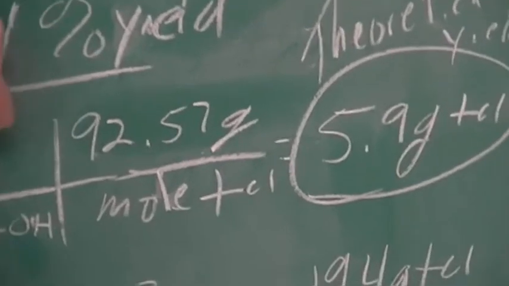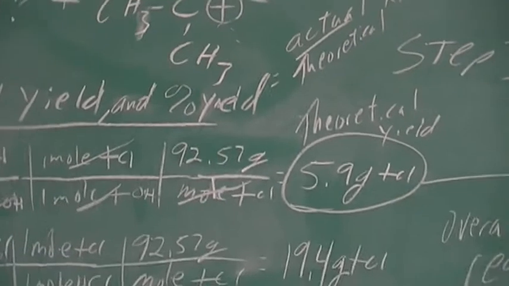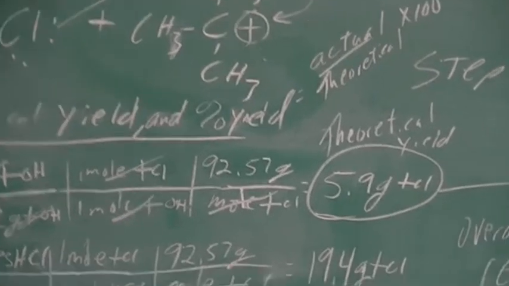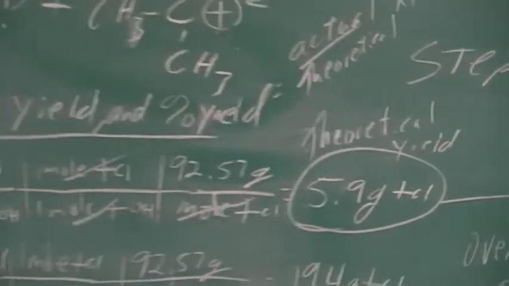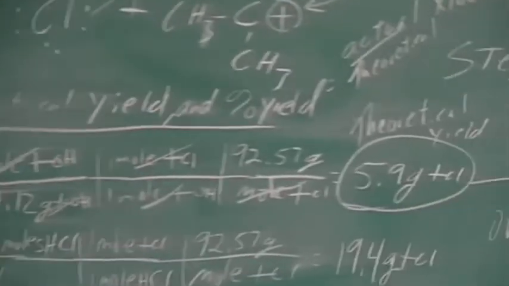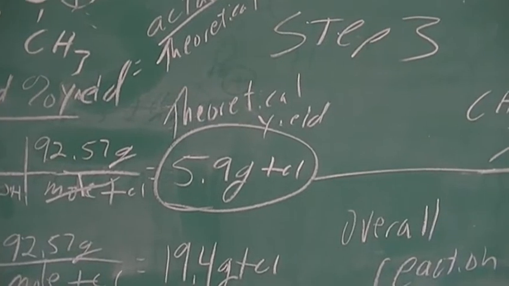And so again, my moles of T-butyl chloride will cancel. And then when I push all the buttons, everything on top you multiply, everything on bottom you divide, and you get to the correct number of sig figs. We're only going to use 6.0 milliliters, so 2 sig figs: 5.9 grams of T-butyl chloride.